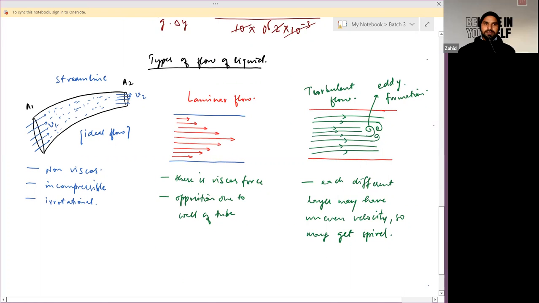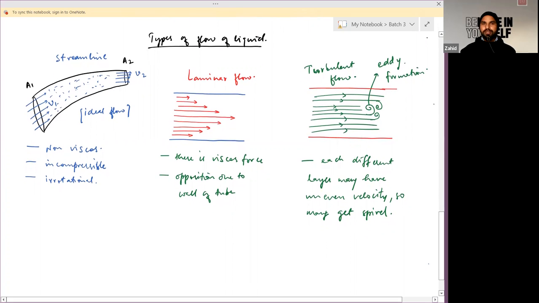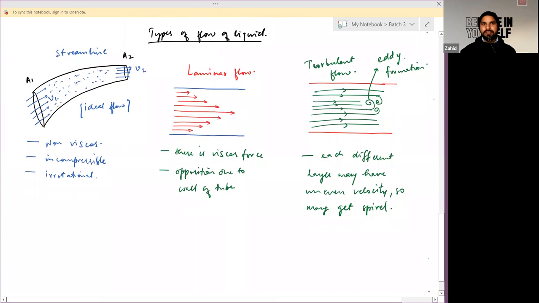Now, related to these different types of flow, scientist Reynolds defined a specific number on the basis of which we can assign these different types of flow. So let me define Reynolds number.